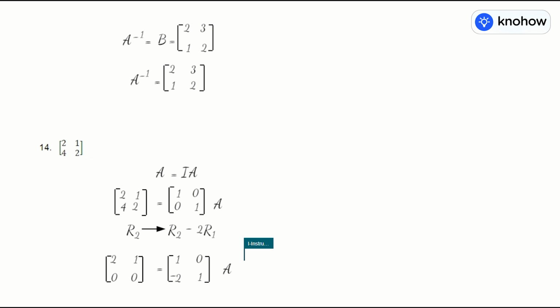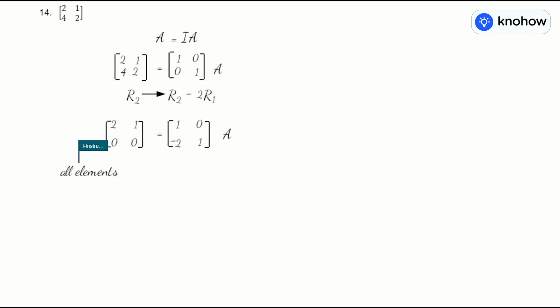That all the elements of row 2, R2, are 0, and we know that if all the elements of any one row or column during the process of applying elementary row or column transformations become 0, then A inverse does not exist. So we conclude that in this case A inverse does not exist.